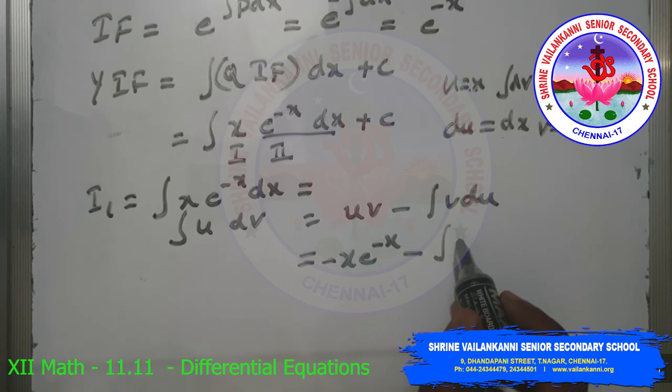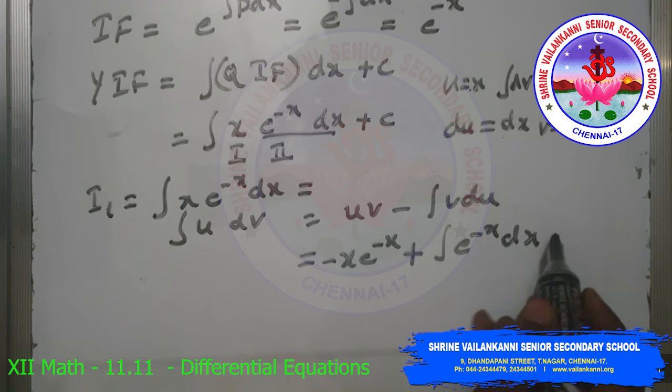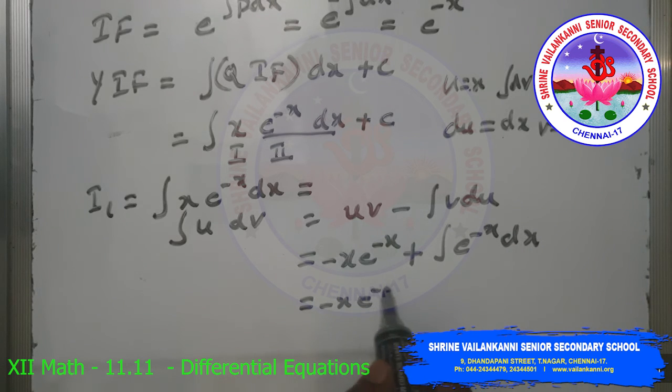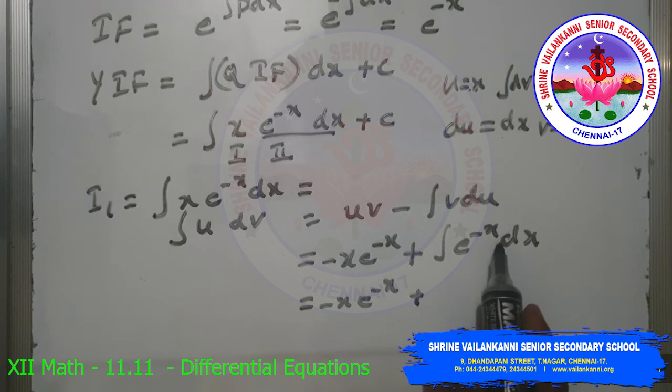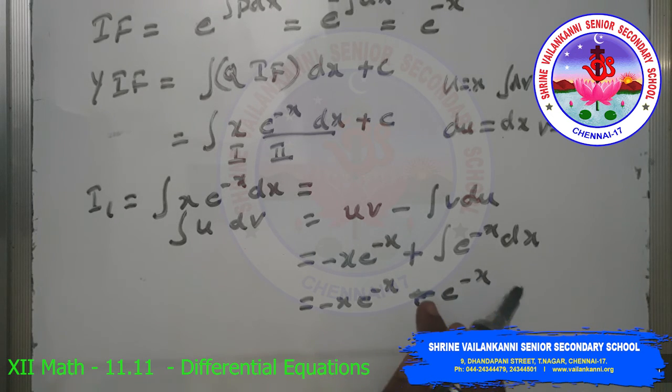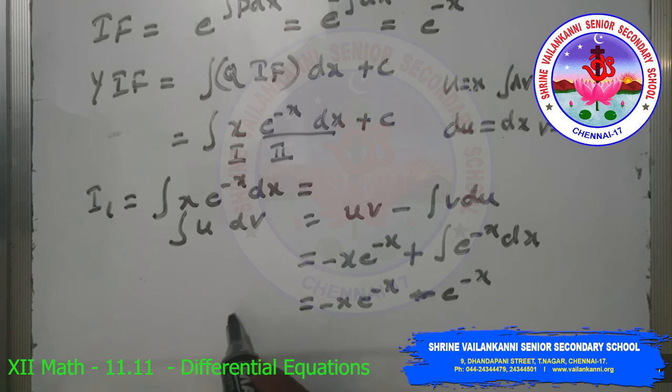V is e power minus x. So minus of minus, plus e power minus x dx, which is equal to minus x e power minus x plus, integrating this, we get e power minus x by minus 1, which is minus. Then I1 is minus x into e power minus x minus e power minus x.